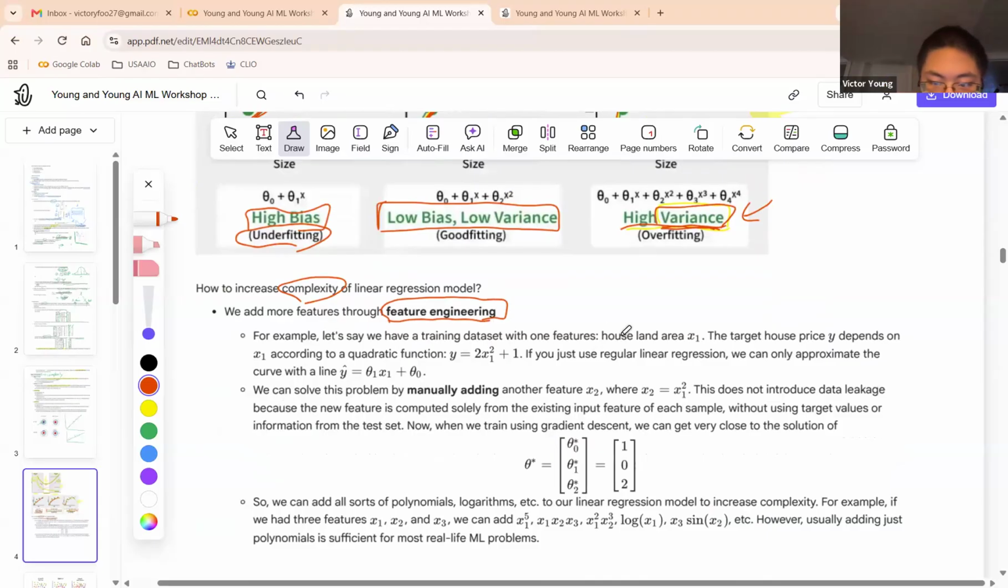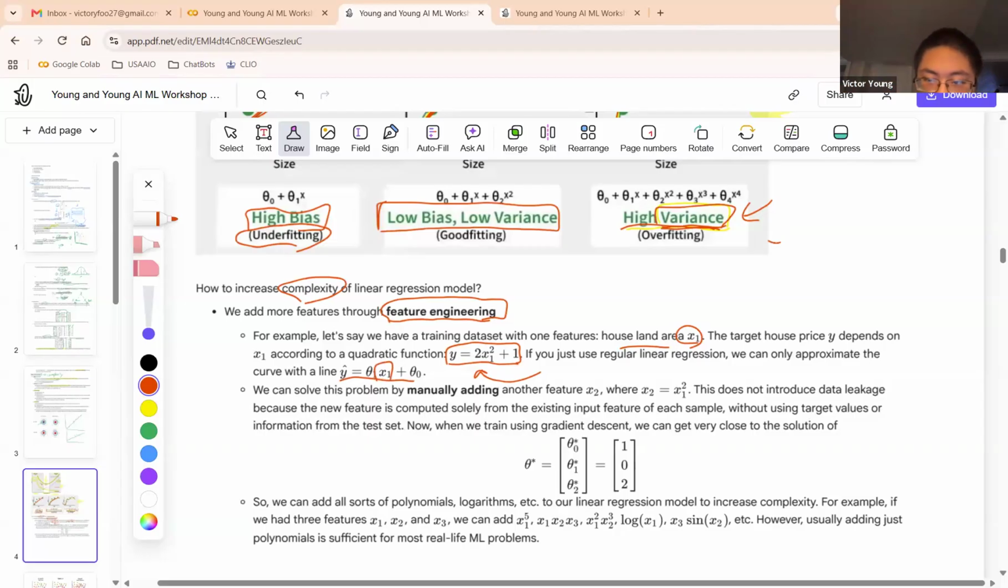So let's just say there is just one feature, which is land area, x1. And let's just say the real thing we want to learn is this function, y equals 2x1 squared plus 1. So the housing cost equals 2 times the land area squared plus 1. But we cannot approximate it with a linear regression. So what do we do? We manually add x1 squared as another feature.